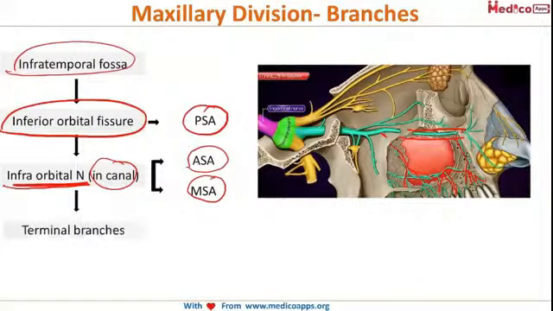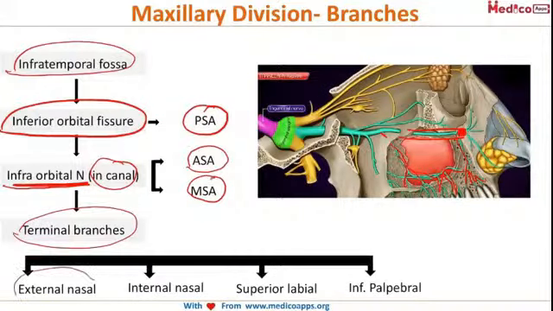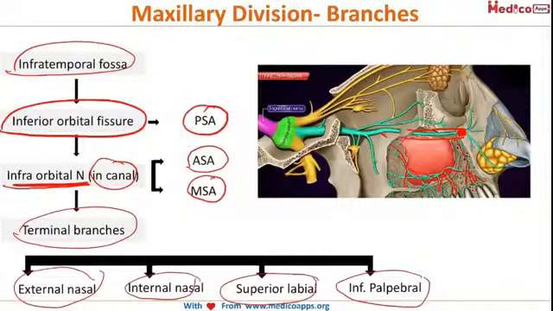Now from there the infraorbital nerve exits through the infraorbital foramen here, and it gives out its terminal branches. The terminal branches are external nasal, internal nasal, superior labial and inferior palpebral. So we have the inferior palpebral, external nasal, internal nasal and superior labial branches.